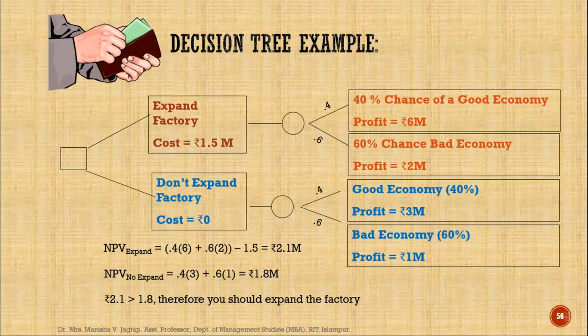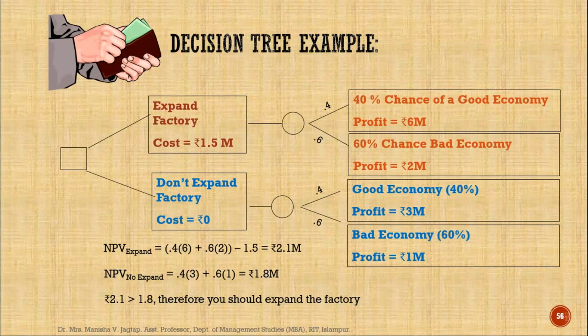So in this way, we can present data, we can put figures and can take decisions. Here you can see probability is given in the problem and risk is involved in this particular project.